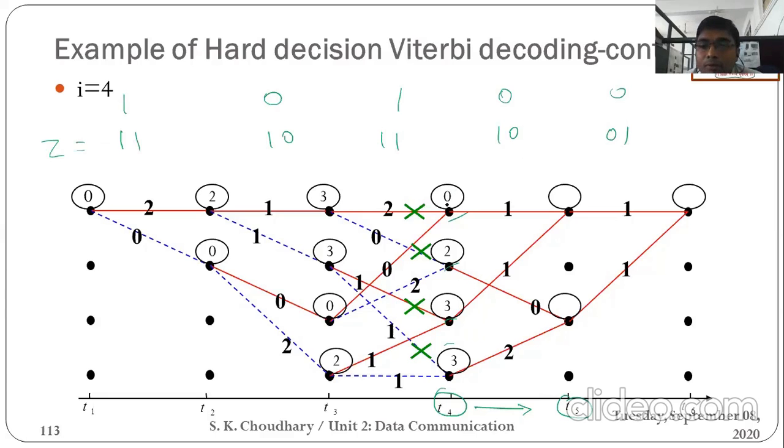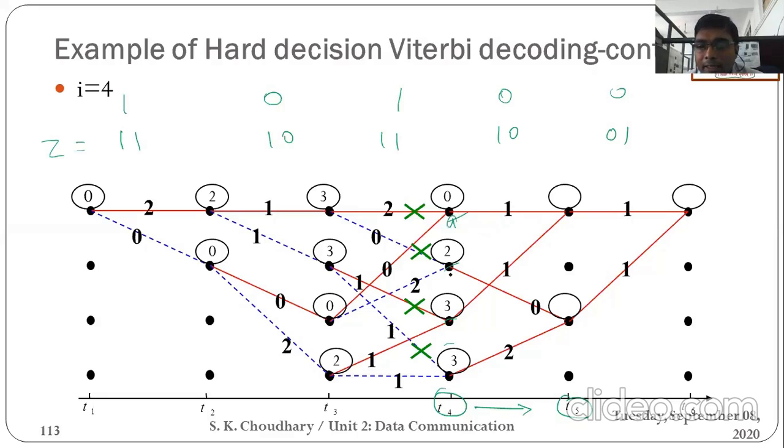See here, I am showing only one path, that is for input 0, the solid red line. I am not showing the dashed line for input 1 because it is not required in the area of the flush bits. You can also show it, it is not wrong, but to reduce complexity I am showing only the input 0.